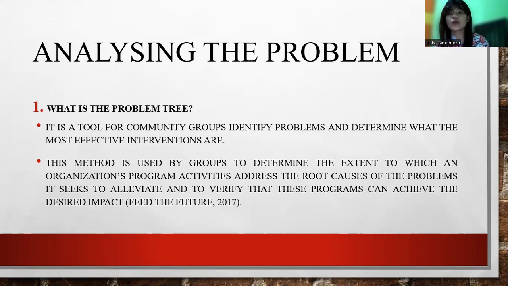Which one is the root that leads to the problem? And then by displaying the problem in the problem tree, we can also recognize what kind of solution is so effective to achieve the desired impact. It is according to Feed the Future 2070.